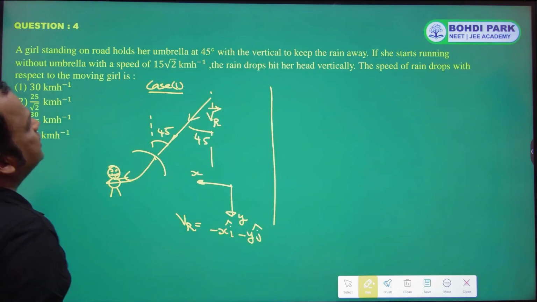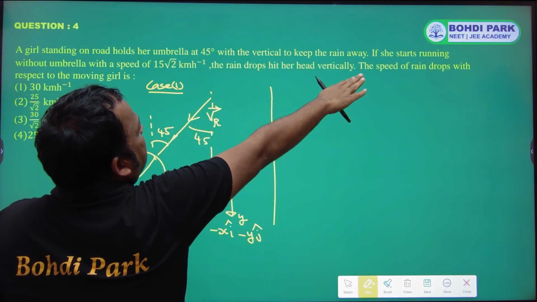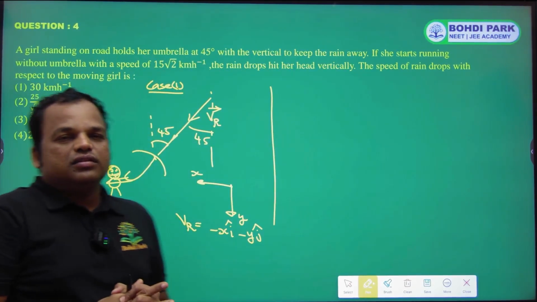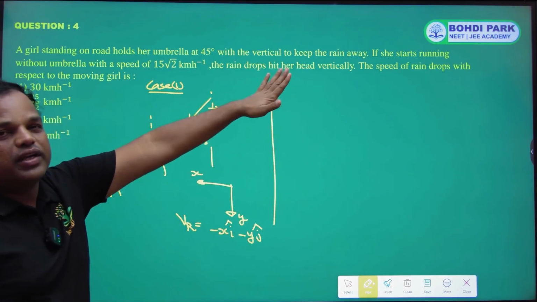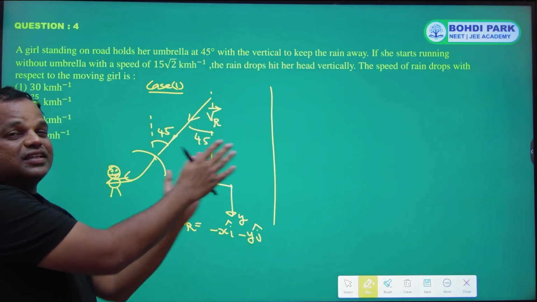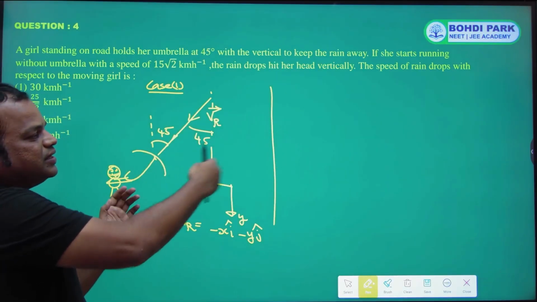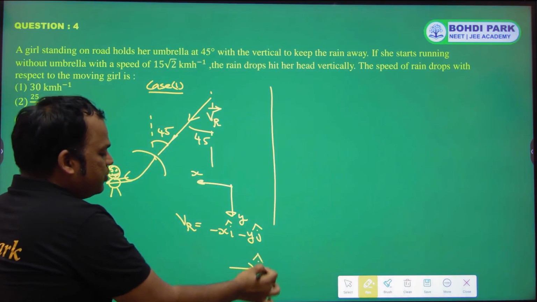Now if she starts running without umbrella with 15√2, raindrops hit her head vertically. So the question is, in which direction should the girl run, right or left? Or you can say east or west, or I cap or minus I cap.